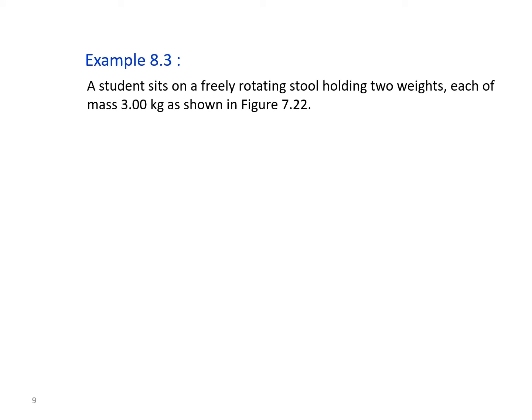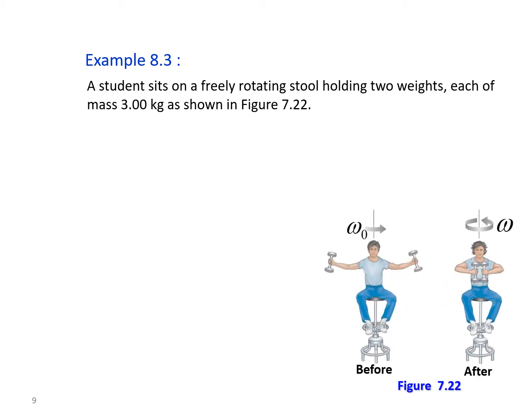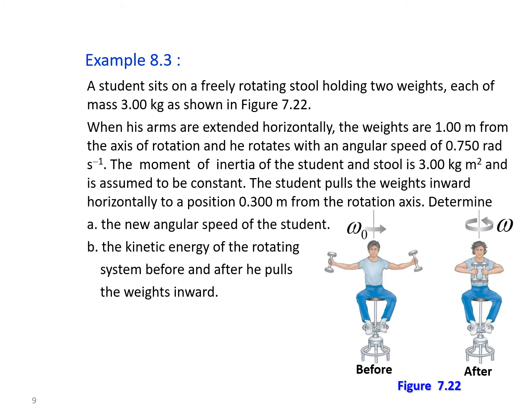Okay, and then for example 8.3, you have a student sitting on a freely rotating stool, holding two weights, each of mass 3 kg, as shown in the figure. His arms are extended, the weights are 1 meter from the axis of rotation, and he rotates with an angular speed of 0.75 radian per second.